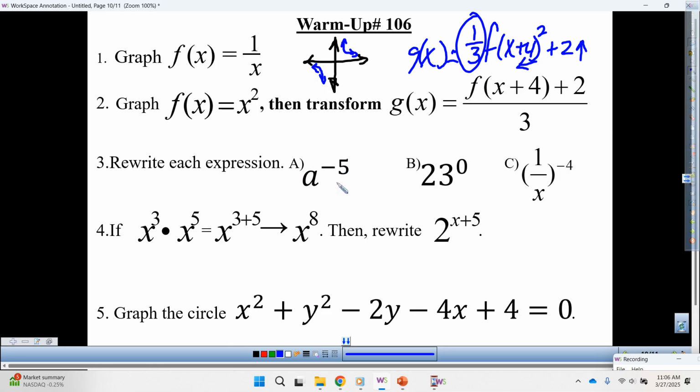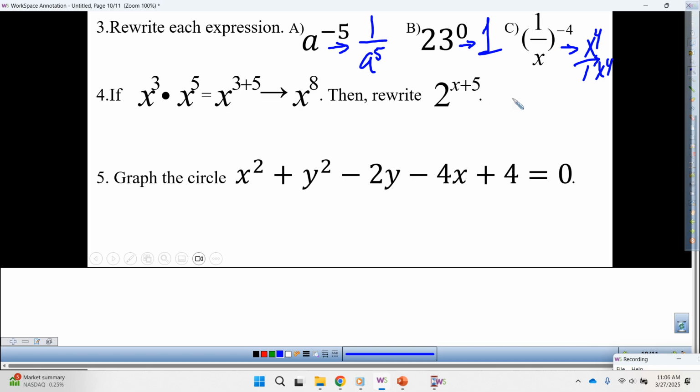Number three, a, this becomes 1/8 to the 5th. B, this becomes 1. C, this becomes x to the 4th over 1, or x to the 4th. Number four, this becomes 2 to the x over 32.